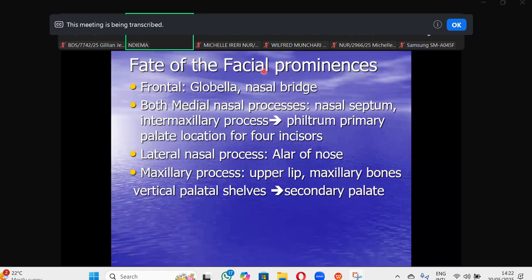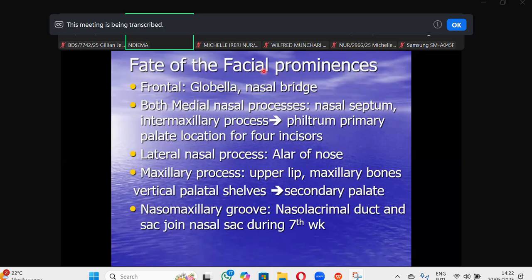In between the lateral nasal process and the maxillary process, where the two meet, we normally have a groove. And this groove we refer to as the nasomaxillary groove or nasolacrimal groove. This groove deepens when the two prominences eventually grow up, and the epithelial lining is buried in between these nasomaxillary processes.